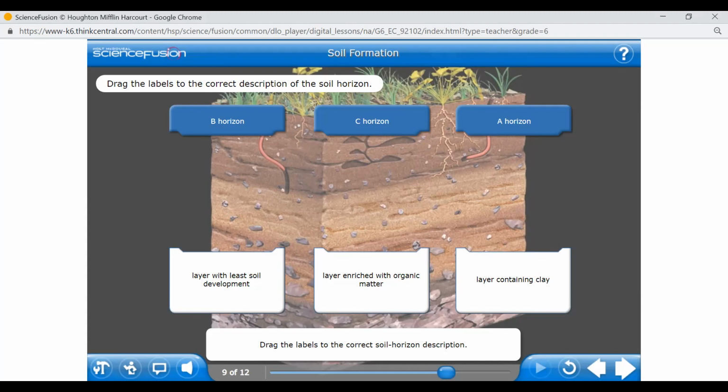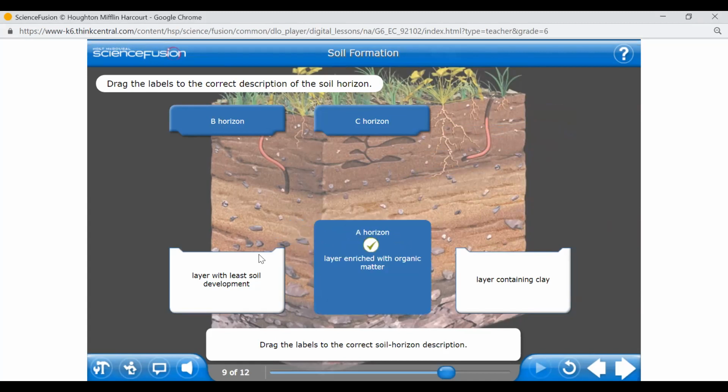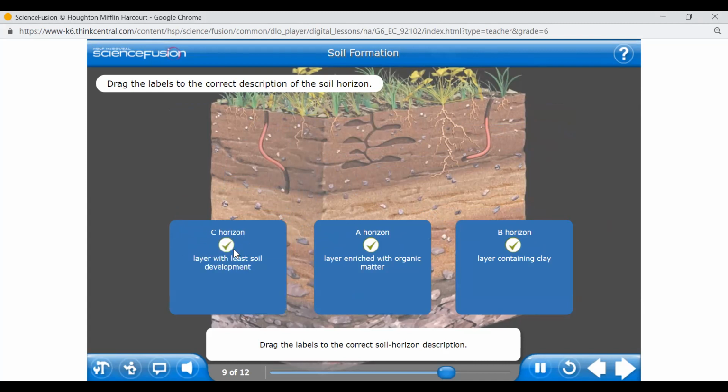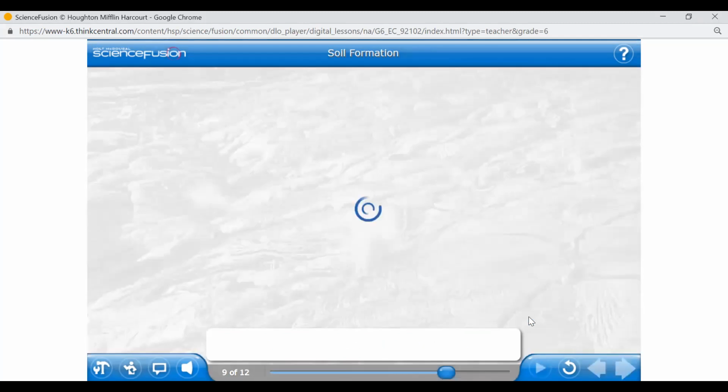Layer rich with organic matter. Yes, this is the first one. Now, where is the B? Layer with the least soil development. Contains clay, and C is with the least soil development because C has more rocks. Good job.